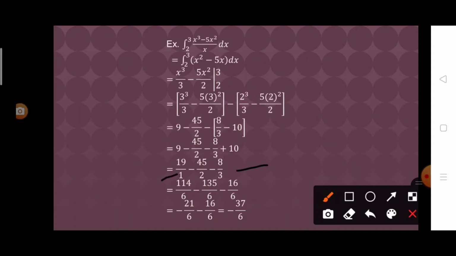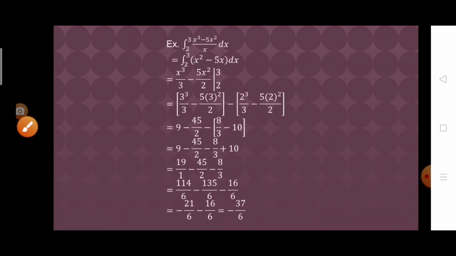So 19 over 1 minus 45 over 2 minus 8 over 3. So we have to find the common denominator. The common denominator is 6. So 114 over 6 minus 135 over 6 minus 16 over 6. So we have negative 21 over 6 minus 16 over 6, which equals negative 37 over 6.